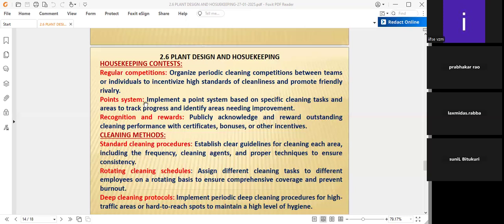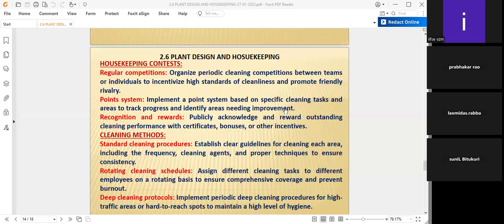Point system is very important. Implement a point system based on specific cleaning tasks and areas to track progress and identify areas needing improvement. The point system has a very broad meaning here.